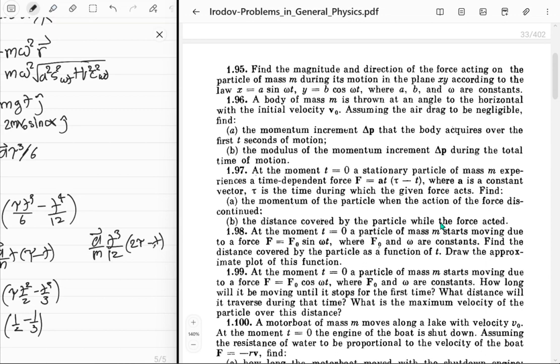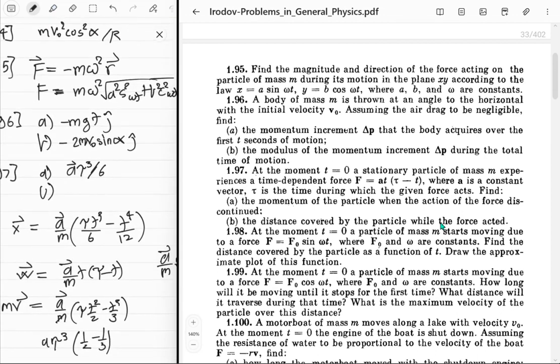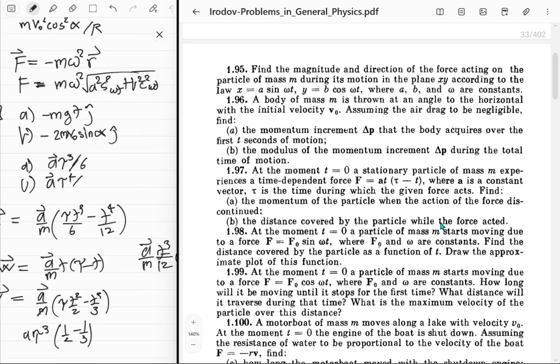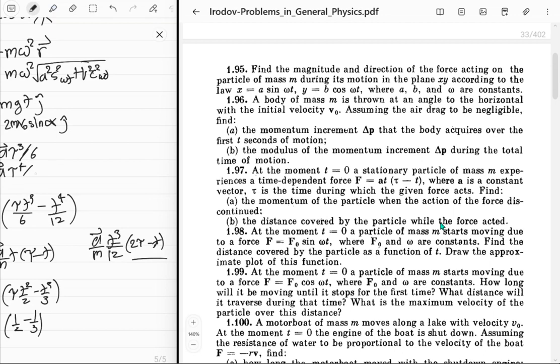So when t is equal to tau, this becomes tau, this becomes tau, and this is just 12. So this will be equal to A vector tau power 4 upon 12m. That's the distance traveled.